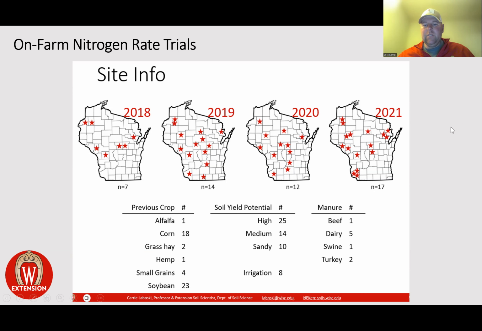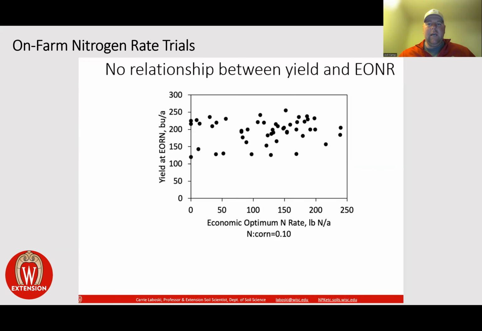And then finally, there were some different types of manure products that were used as fertilizers as well, with the nitrogen rate then subtracted from the nitrogen rate. And let's take a look. What is that EONR? That's the economically optimum nitrogen rate.